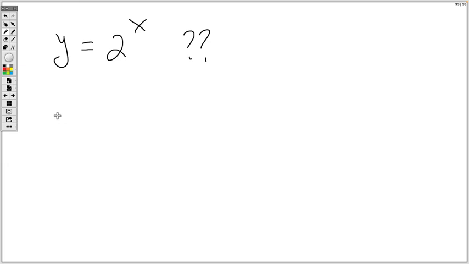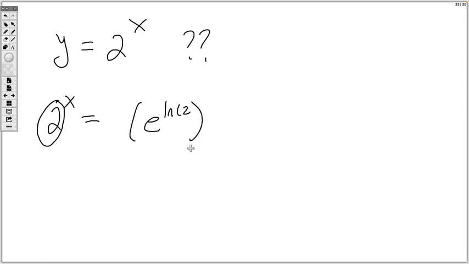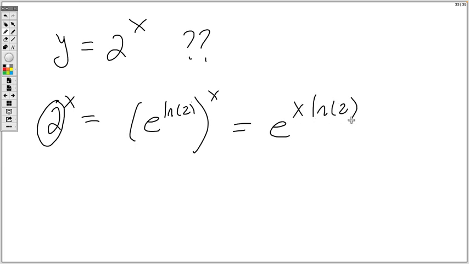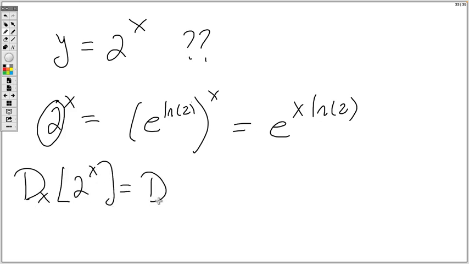So if you look at 2 to the x, you can use the inverse property. This is e to the natural log of 2, because e and the natural log undo each other. And then you could multiply here e to the x natural log of 2. So one way to get the derivative is to just change the base.